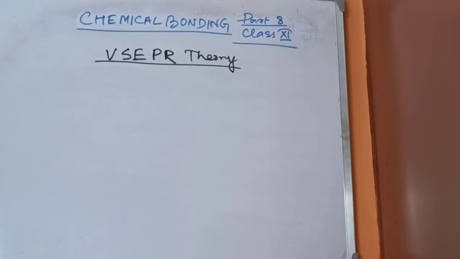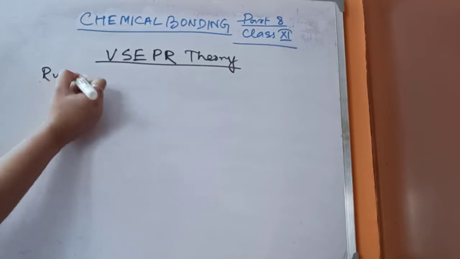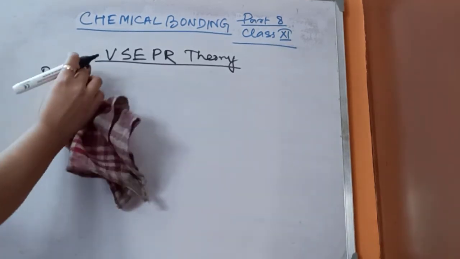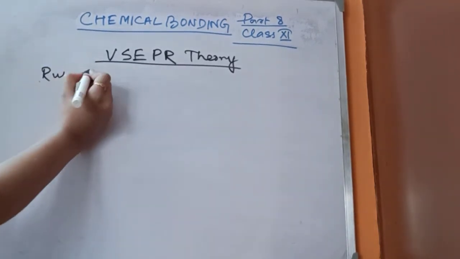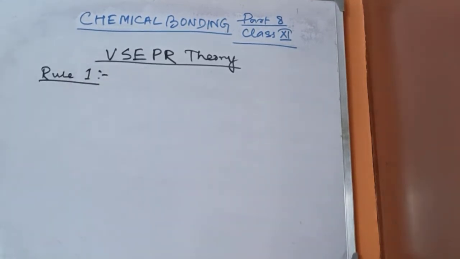We have the first rule. This is rule 1. What does rule 1 state?